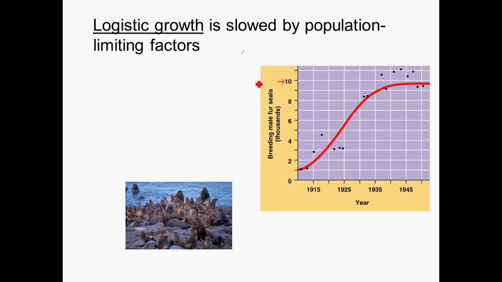If this is the maximum carrying capacity, growth is very quick right here at the beginning, right? Unrestricted growth. Then as food decreases, space decreases, real populations might even shoot above this, and then some catastrophic disease drops it much lower, and it really is more chaotic around this carrying capacity.